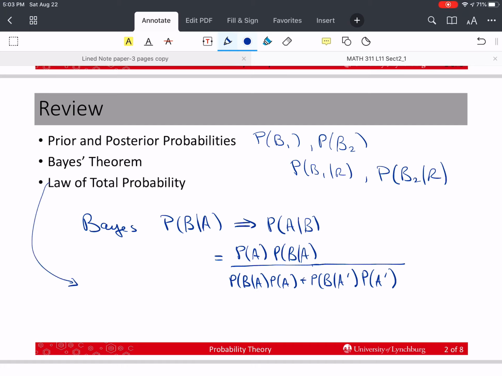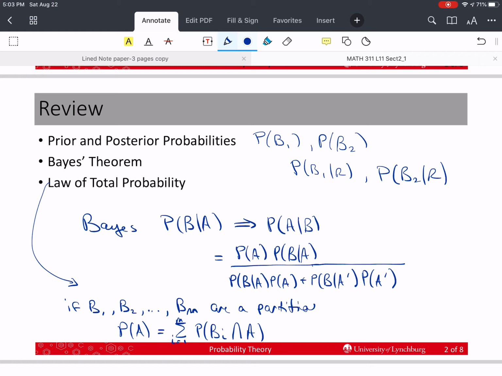The law of total probability says if B1 to Bm are a partition, then the probability of some other event A is the sum from 1 to m of P of Bi and A. Okay, which is equal to the sum from i equals 1 to m of the probability of Bi times the probability of A given Bi. So we used our multiplication rule to change that.